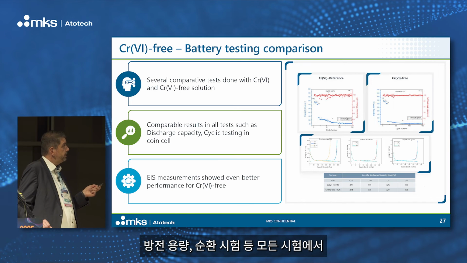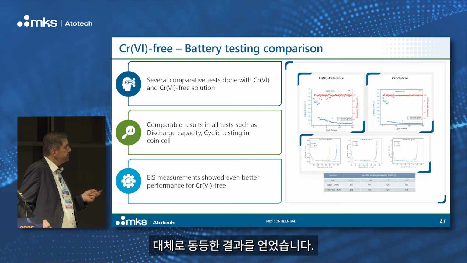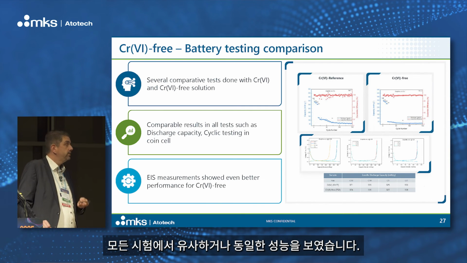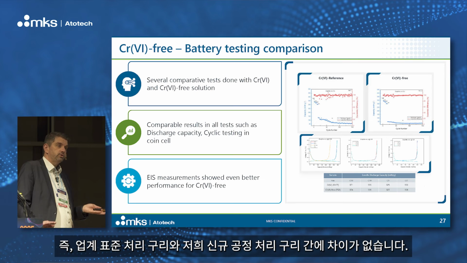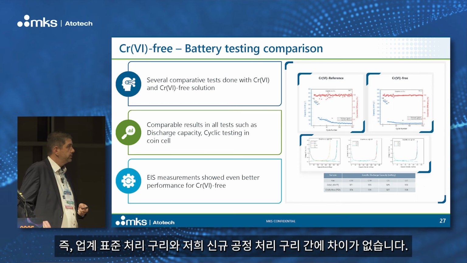We achieved comparable results in all tests, such as discharge capacity and cyclic testing. In every test we did, we achieved similar or the same performance. So there's no difference between the copper treated with the standard industry process or with our new process.